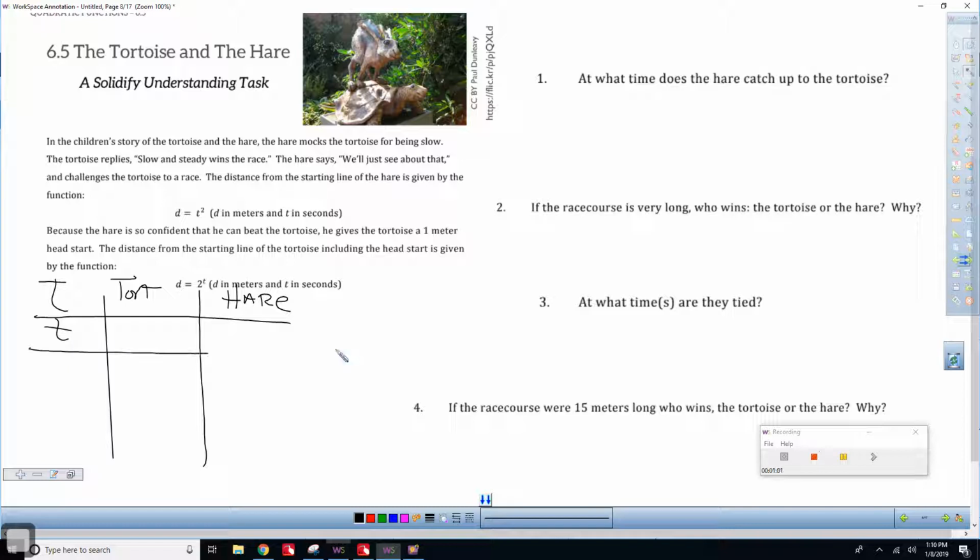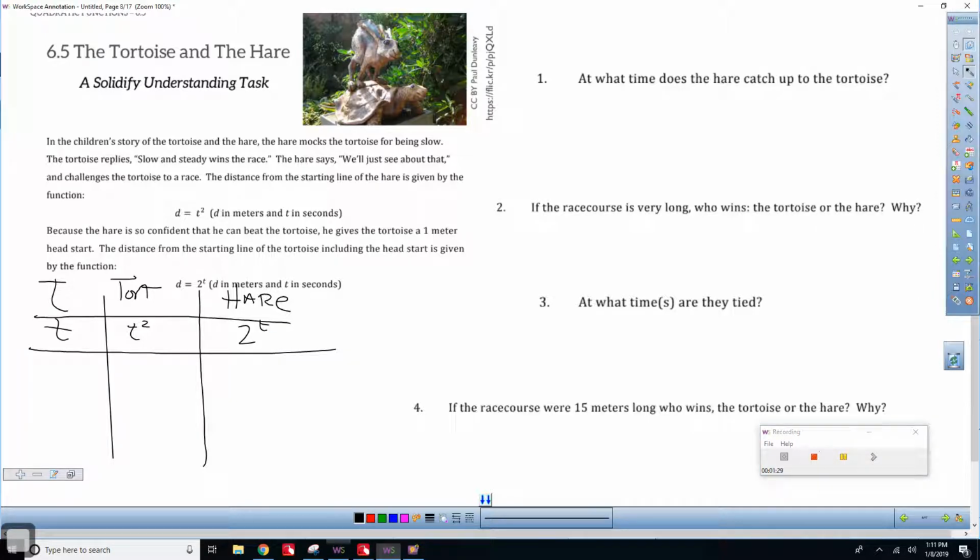The tortoise's equation, let's see, is t squared, right? And the hare's equation is 2 to the t. Let me pause.